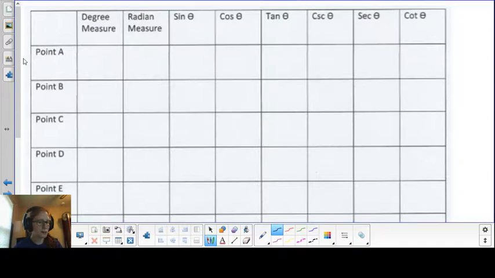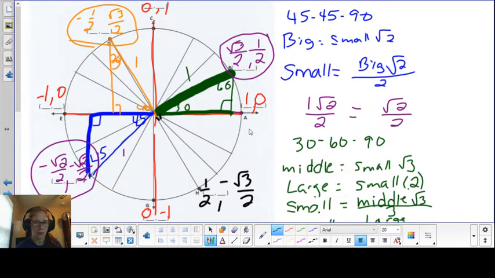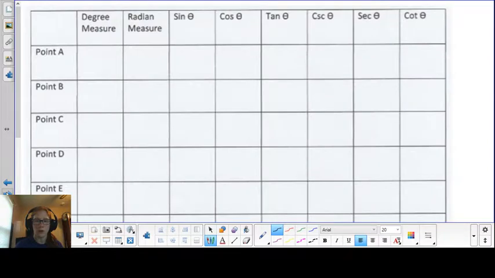All right, let's talk about point A. Point A was that very first point on my circle in the slide below, and the physical coordinate point was 1, 0. But you don't see that in here.